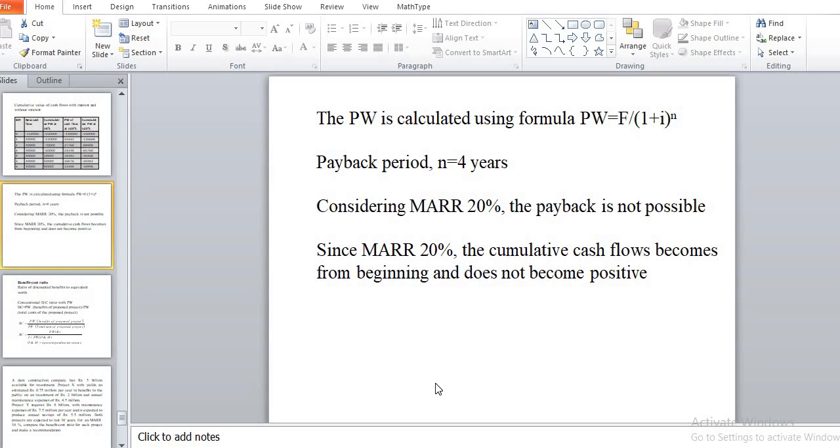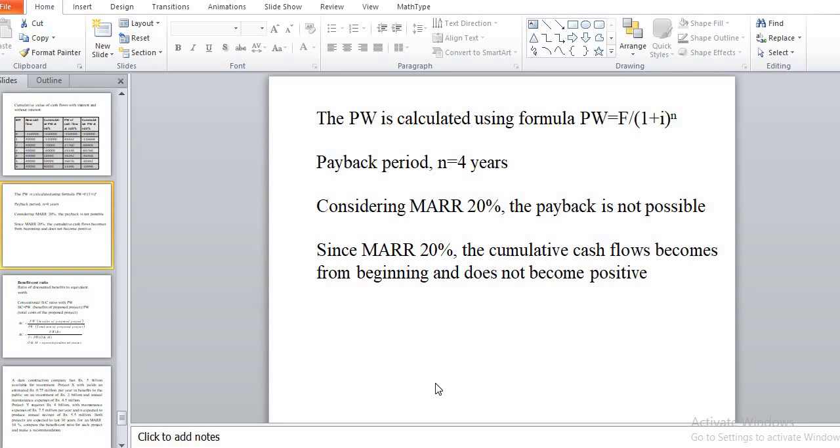When we say that this project is economical or not economical, generally we compare with the MARR value.